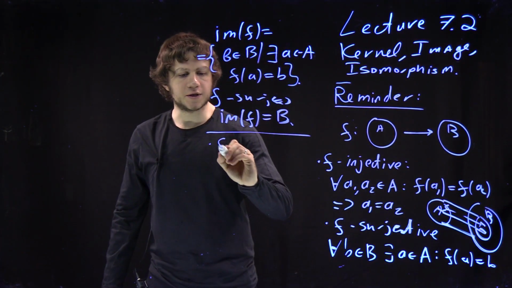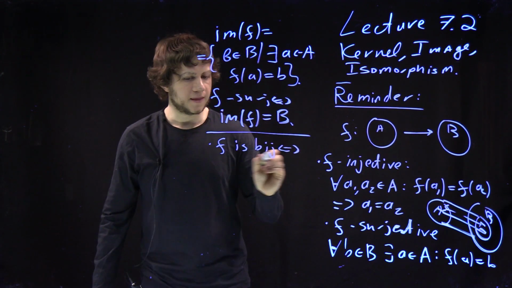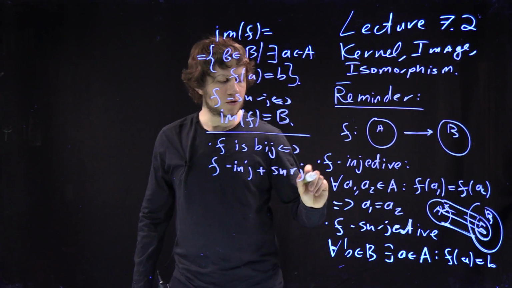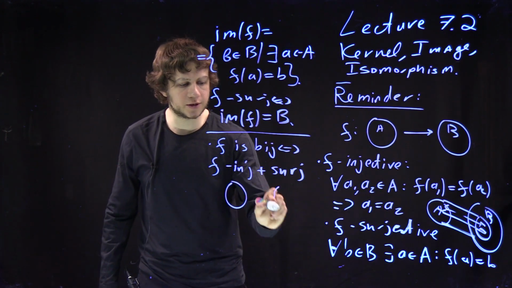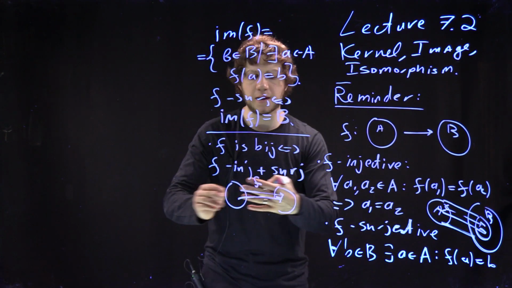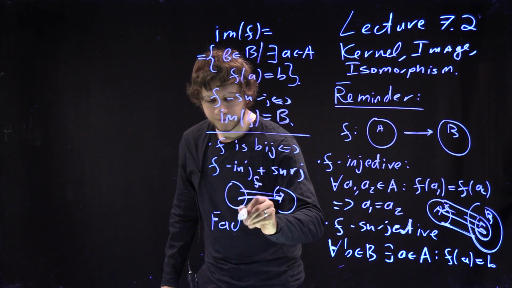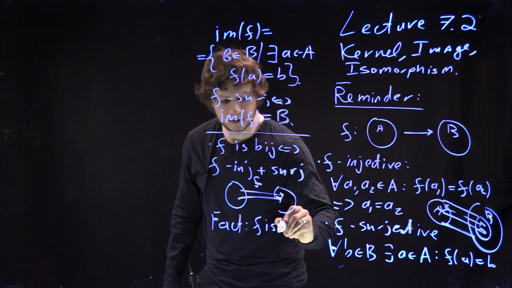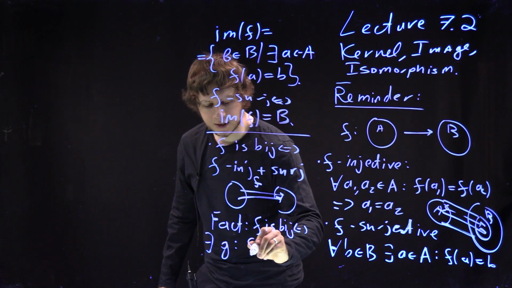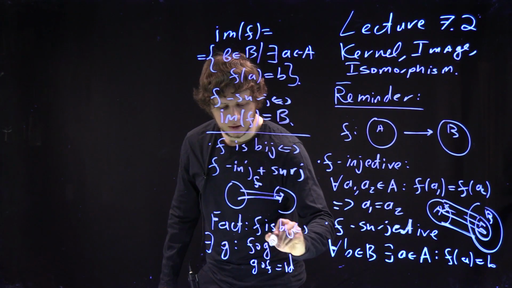And finally, F is bijective if and only if F is injective and surjective. Then it's called a one-to-one correspondence, and the reason is that though the map is defined from A to B, there exists another map going backwards. A little fact is that F is bijective if and only if there exists another map G such that F composed with G and G composed with F are the identity.